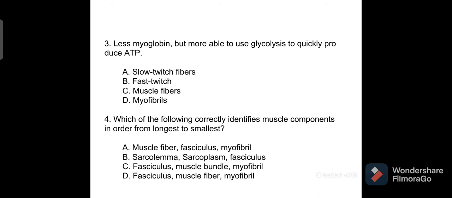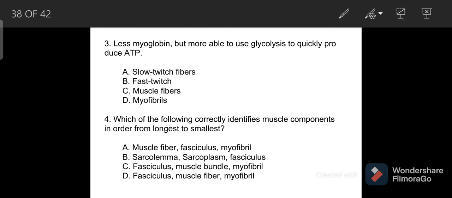Number 3. Less myoglobin but more able to quickly produce ATP. A. Slow twitch fibers, B. Fast twitch fibers, D. Myofibrils. So the correct answer is letter B, fast twitch fibers. Number 4.